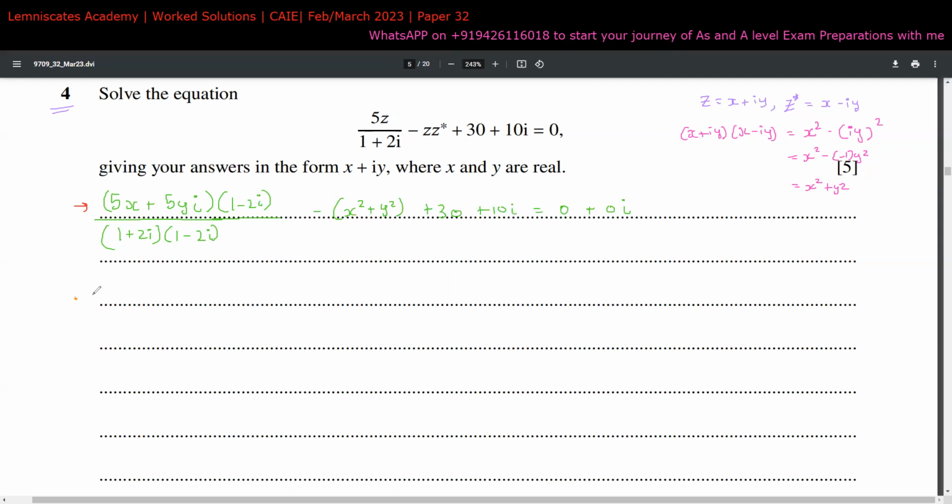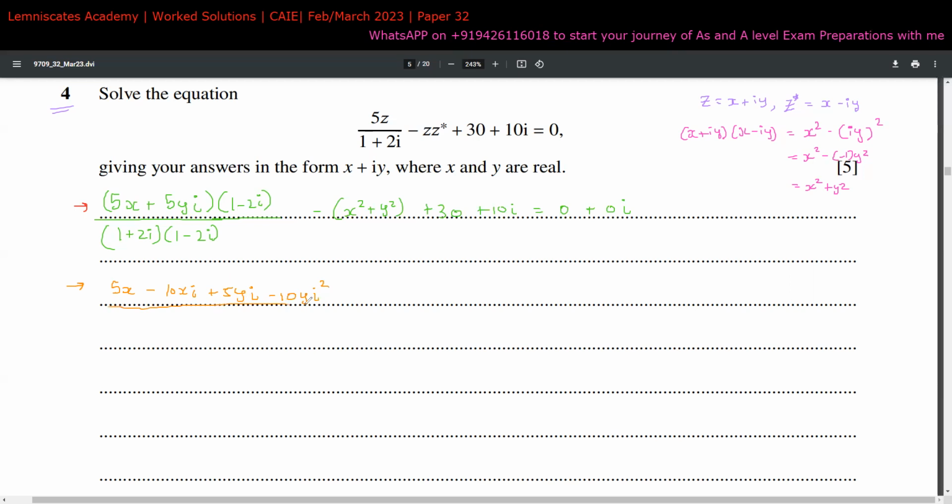Now over here, if you go ahead and solve this, 5x into 1 is 5x. Then 5x into minus 2i is minus 10xi. Then 5yi into 1 is plus 5yi. And this becomes minus 10yi square actually, because i and i are there.